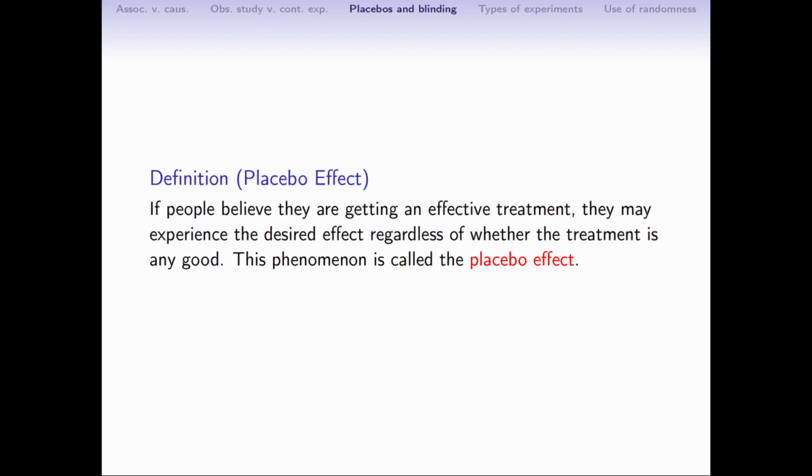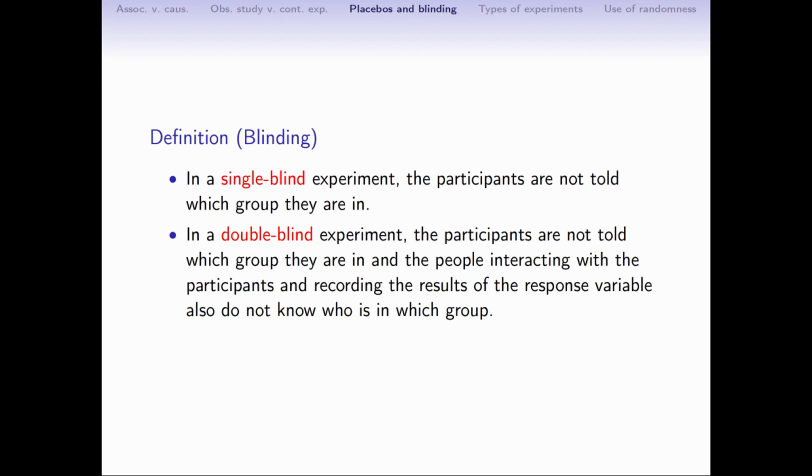If people believe they are getting an effective treatment, they may experience the desired effect regardless of whether the treatment is any good. This phenomenon is called the placebo effect. So one way to overcome that is to create a null group, a group that is not getting any of the treatment, and let them believe that they're getting something. Okay? Blinding.